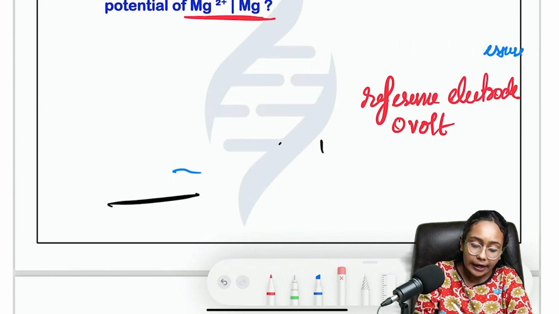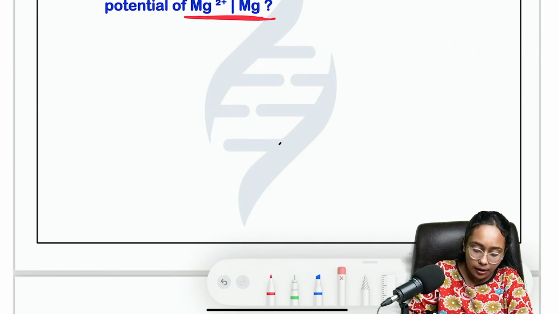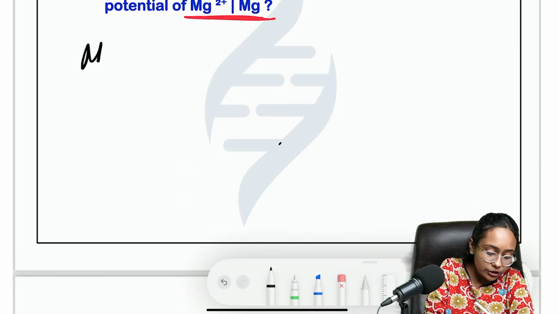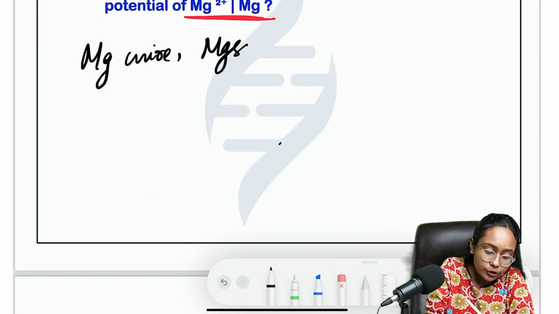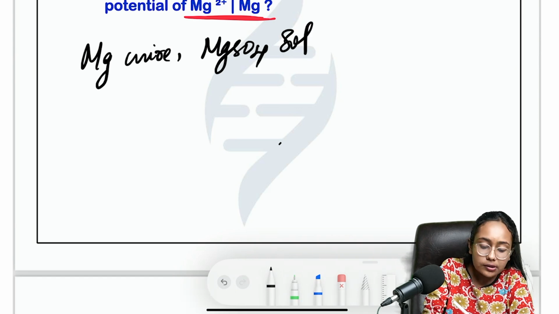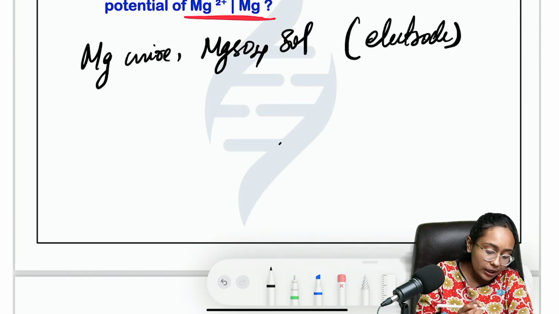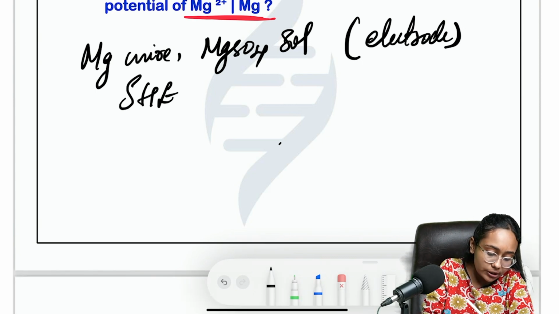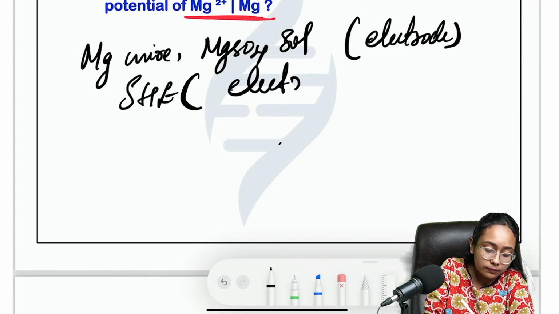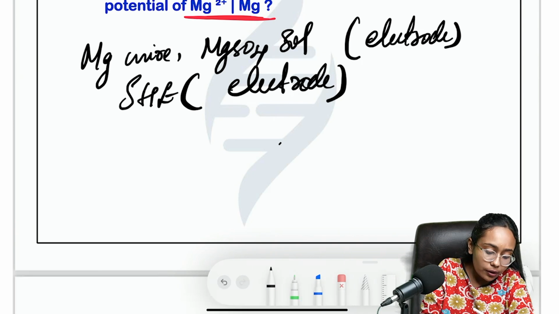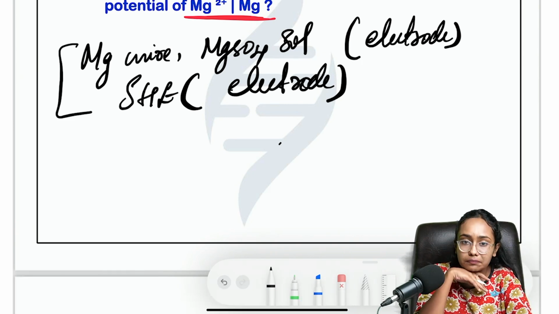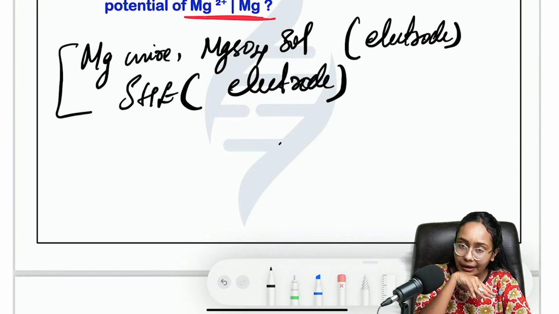For that, I need a magnesium wire dipped in MgSO4 solution. This is going to be one of my electrodes. The other electrode is the standard hydrogen electrode. So the EMF of this system will give you the EMF of magnesium.